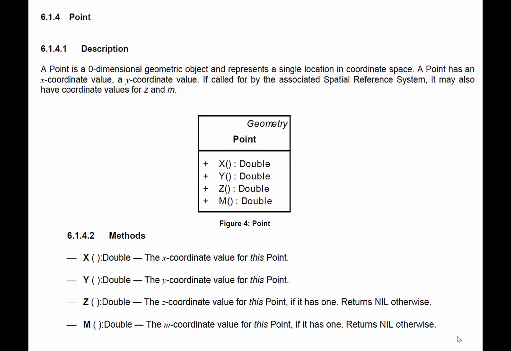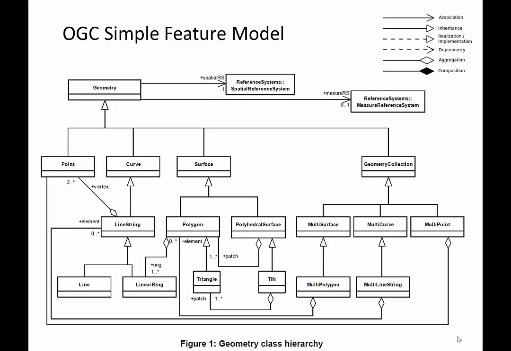It's got x, y, possibly a z, possibly an m. And if we go back up again, remember that coordinate system business. Here you can see we've got an association relationship between a geometry and a spatial reference system. And of course, if we follow our hierarchy, we can see that point inherits from geometry.